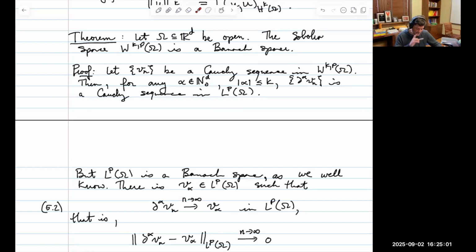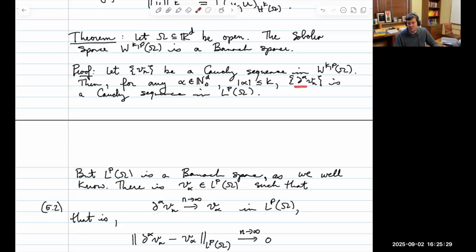So what I can show then is, for any multi-index alpha, where the order of the multi-index is less than or equal to k, then the sequence of the derivatives, the weak derivatives, and by the way, I've started dropping the subscript w in this lecture because we don't really need that extra bit of notation.